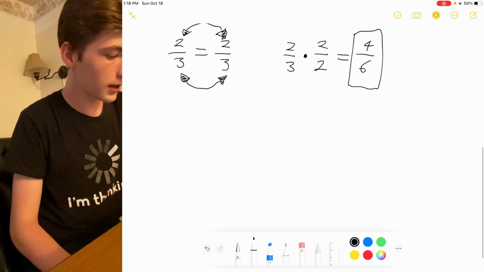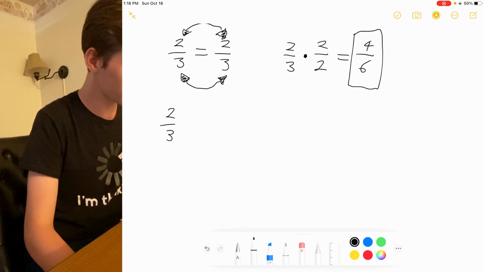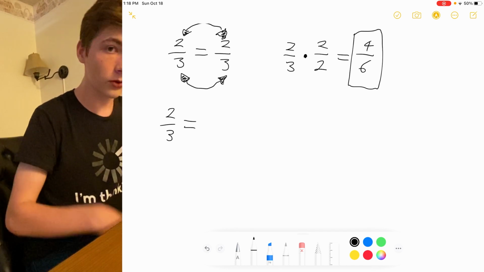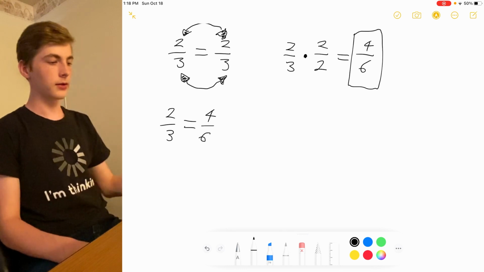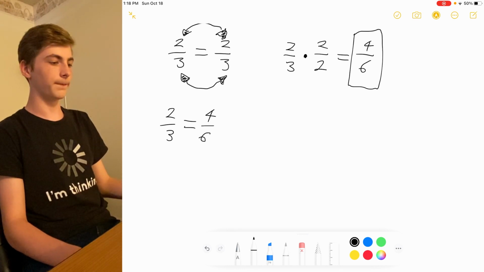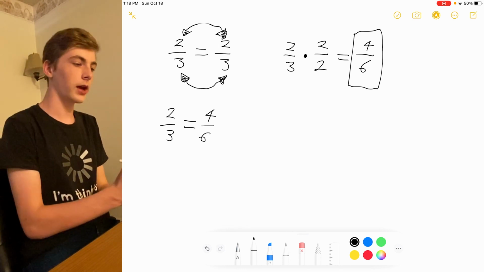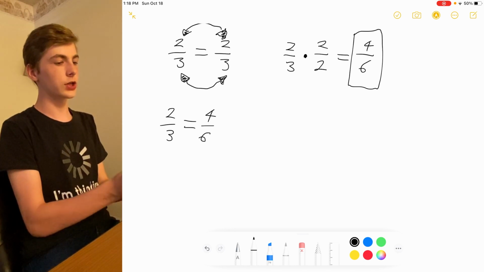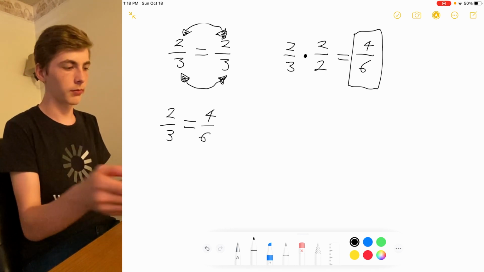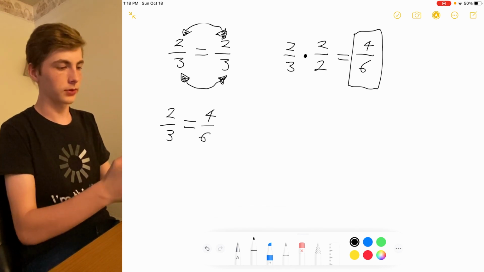So we can say that 2/3 is equivalent to 4/6. You can't always just say those are not equal if they have different numbers. You have to check whether they are actually the same number multiplied by 1, so the actual numbers look different.